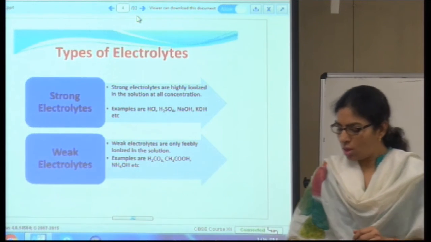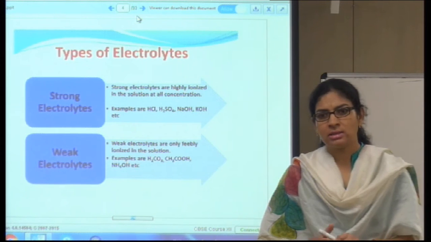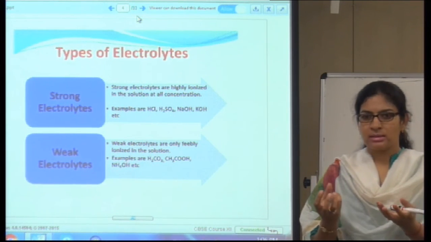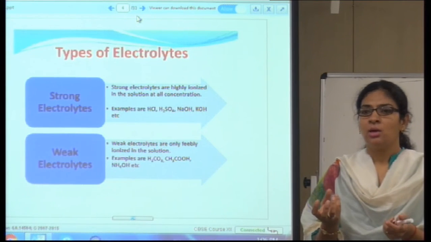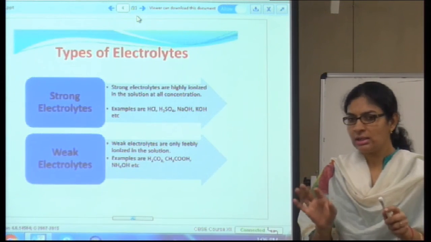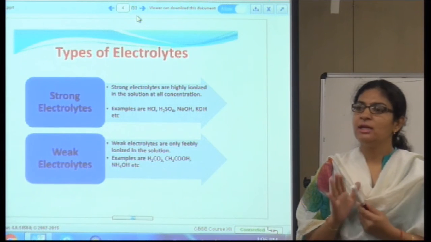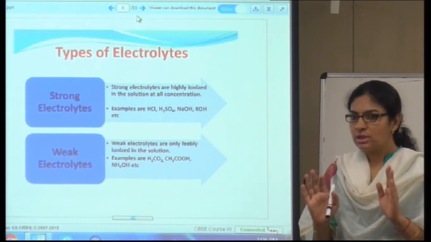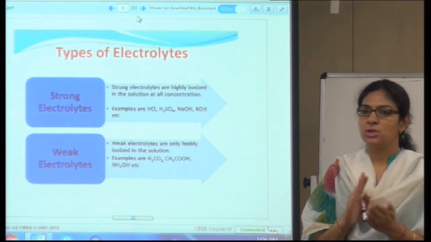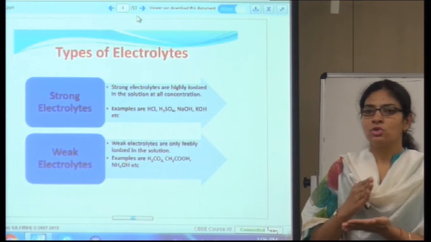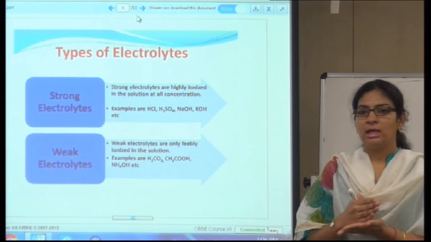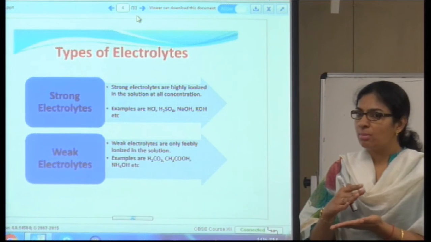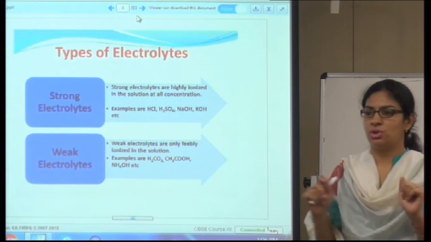Strong electrolytes are those which decompose into ions, cation and anion, very easily. The weak ones are also going to split into ions, but the major difference between strong and weak is that strong electrolytes decompose or dissociate completely at all concentrations.